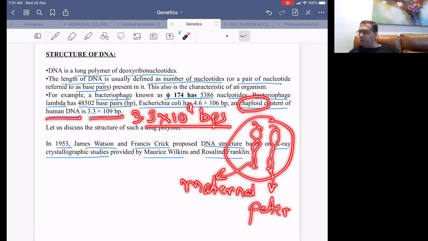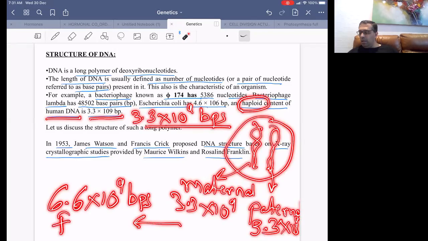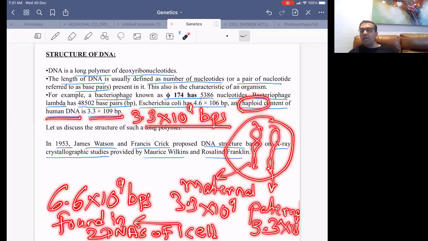So we have a total of 3.3 × 10^9 base pairs in the maternal DNA, 3.3 × 10^9 base pairs in the paternal DNA, giving you a total of 6.6 × 10^9 base pairs found in the two DNAs of one cell. So that is the content and the number of base pairs.